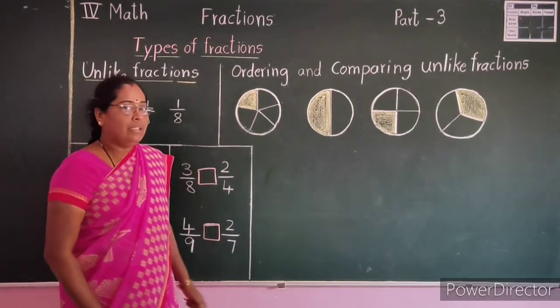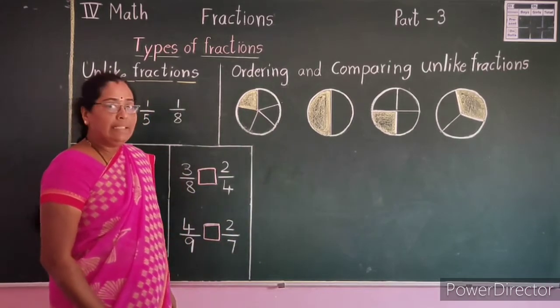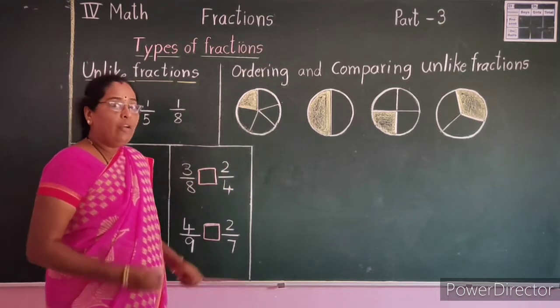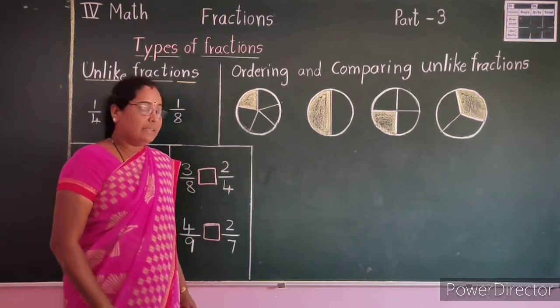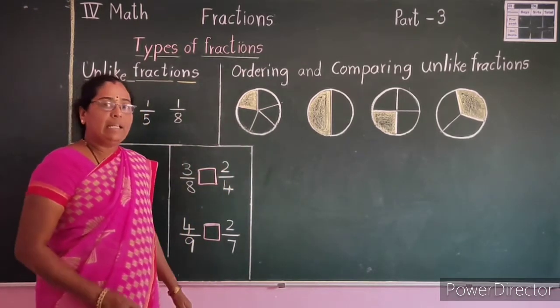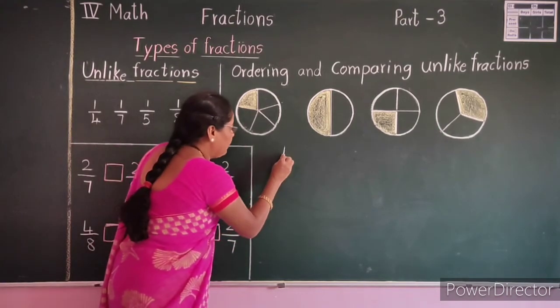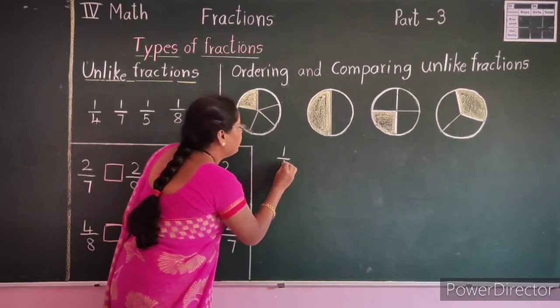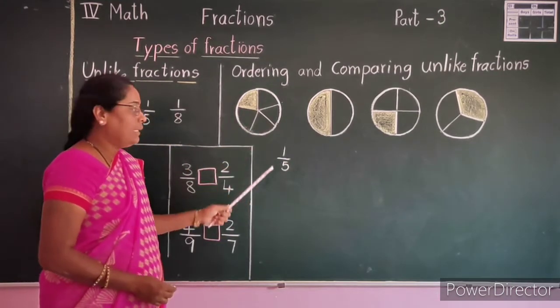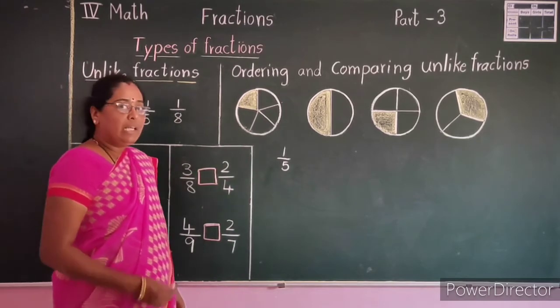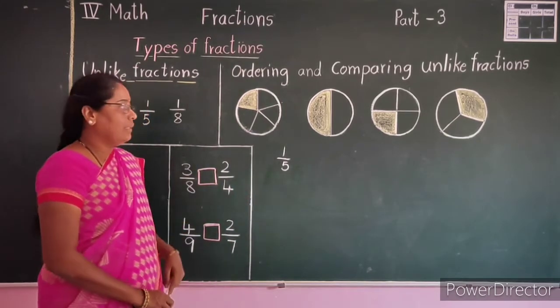The first circle is divided into 1, 2, 3, 4, 5 equal parts and one part is colored. The fraction for this circle is 1 by 5. The total number of parts is 5 and the number of colored parts is 1.